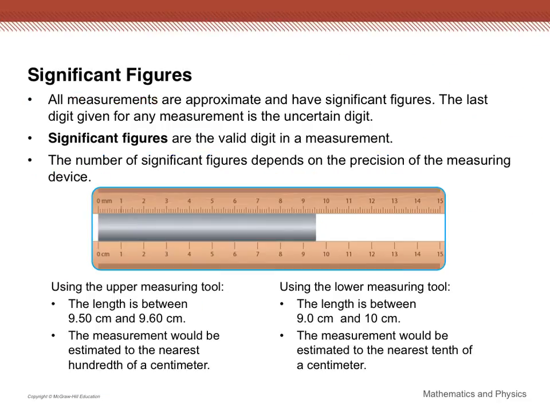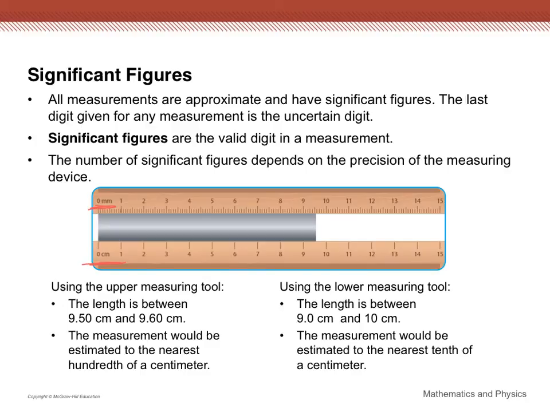All measurements are approximate and have significant figures, and the last digit given for any measurement is the uncertain digit because of rounding. Significant figures are the valid digits in a measurement. So let's say we have a ruler here, and we're trying to measure this piece of whatever it may be. Looking at the two different rulers, we have a centimeter ruler and we have a millimeter ruler.